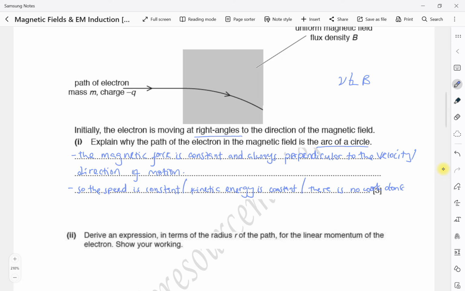When the kinetic energy does not change, there is no work done on the particle, which is an electron.